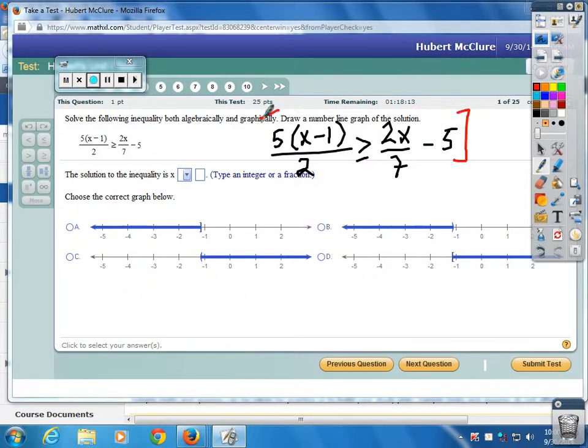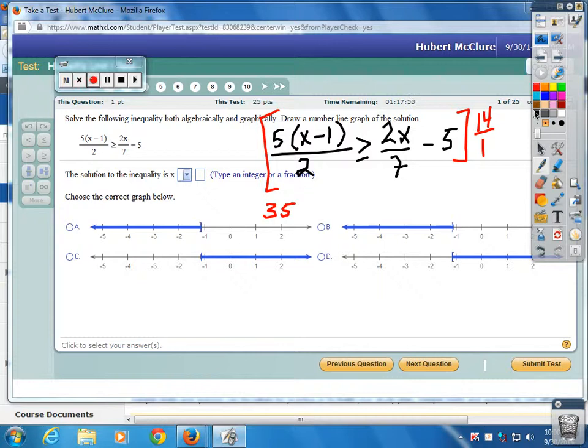And to get rid of the fraction, I'm going to multiply through by what? 14 over 1. And what's 14 divided by 2? 7 times 5? So that 35 is going to be in front of the parentheses.